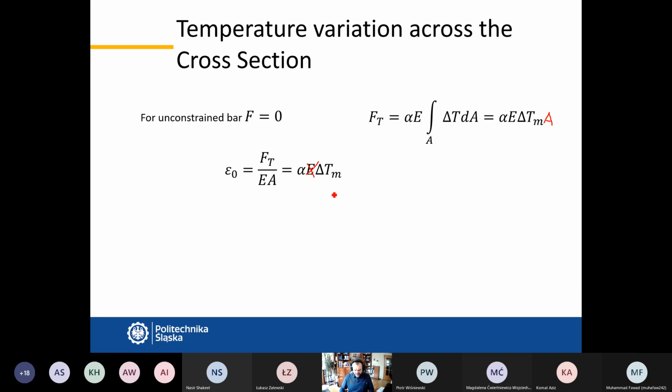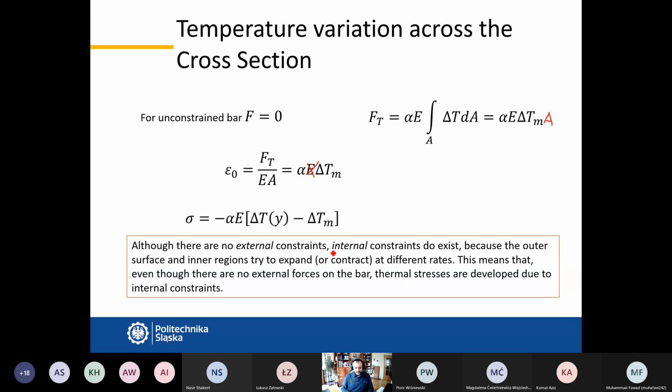Here we have the mean temperature across the section, and the stress distribution resulting from here would be minus alpha E, and the change in temperature delta T as a function of location across the section minus the mean temperature in the cross section.